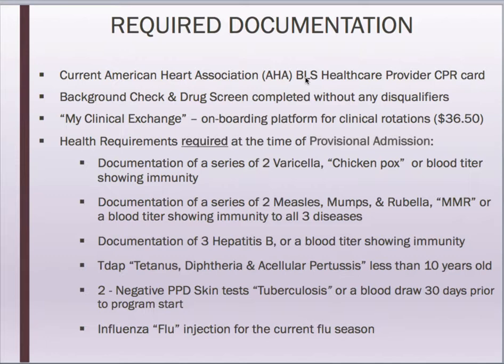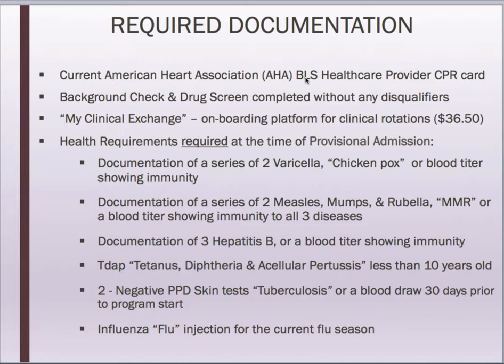At the time of provisional program admission, students are required to successfully satisfy the following clinical requirements. Students must hold a current American Heart Association or Red Cross BLS healthcare provider CPR card. Students must also pass a background check and drug screen, which is currently priced at $81.50.